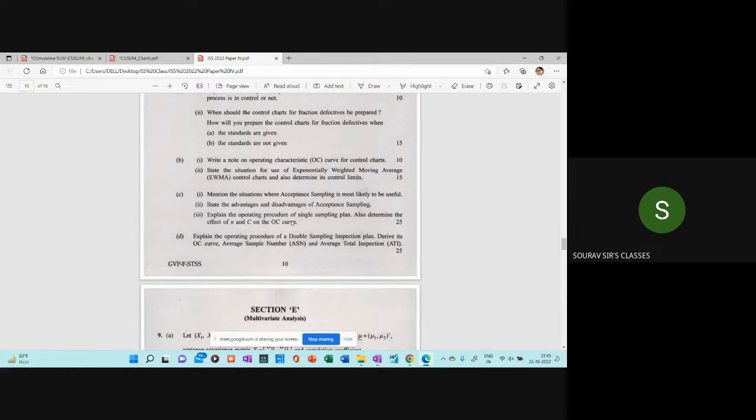Explain the operation process of a single sampling plan. Also determine the effect of N and C on the OC curve. The last question is to explain the operating procedure of a double sampling inspection plan, and derive the OC curve, average sampling number, and average total inspection. We will start with the OC curve and product control.